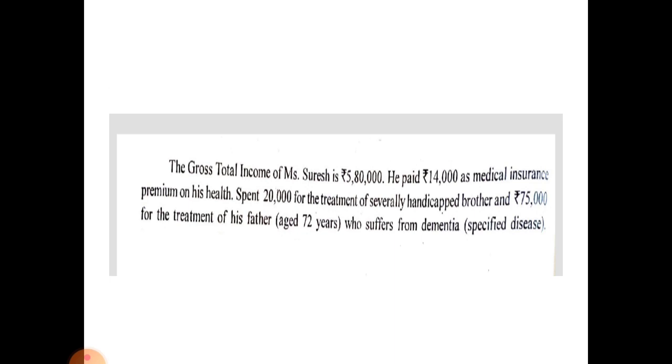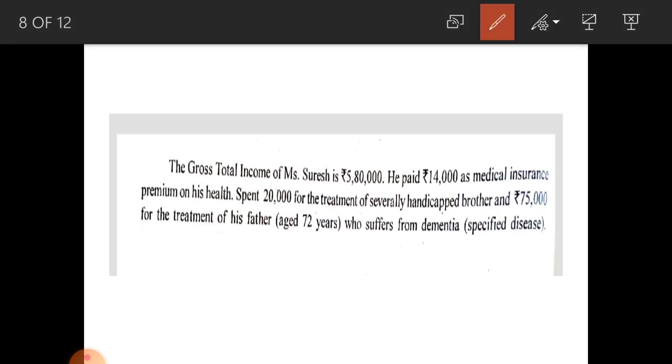You have to calculate the total income of Mr. Suresh. Here gross total income is rupees 5,80,000. He paid 14,000 as medical insurance premium, that is Mediclaim under section 80D.